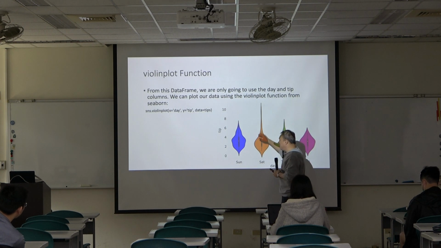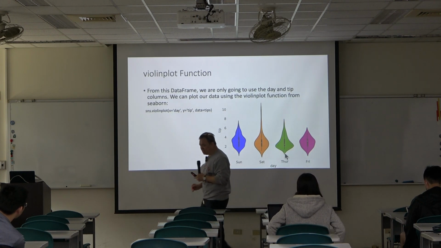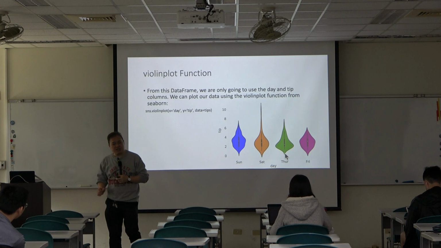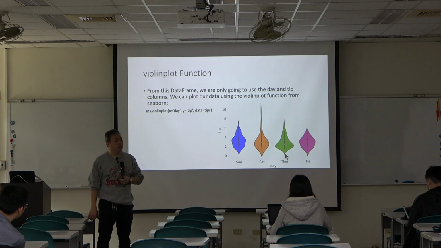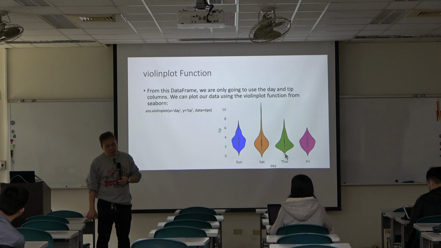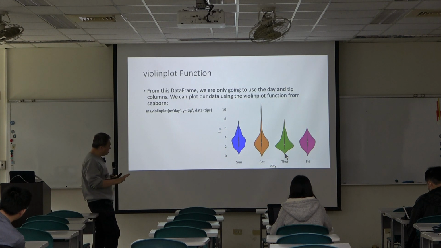And for Sunday, because Monday is a weekday, a lot of people do not go out for dinner, so the tipping pattern will change on Sunday. The tipping pattern between Saturday and Sunday is a lot of times different. So there's a reason behind collecting just these 4 days.